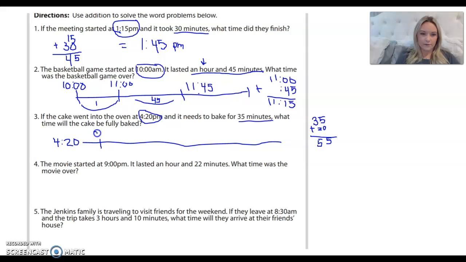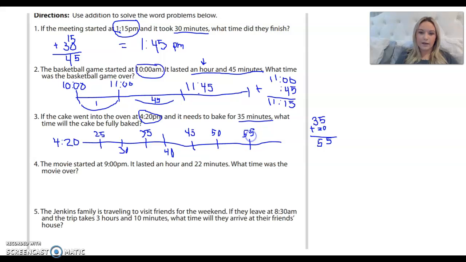So this would be counting by 5s: 25, 30, 35, 40, the cake is still baking, it needs 35 minutes, 45, 50, and 55.